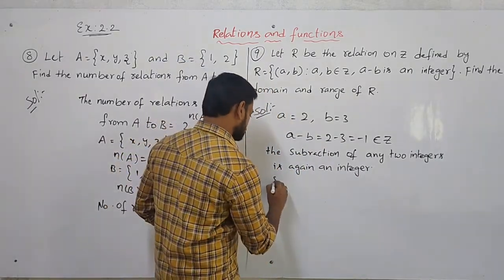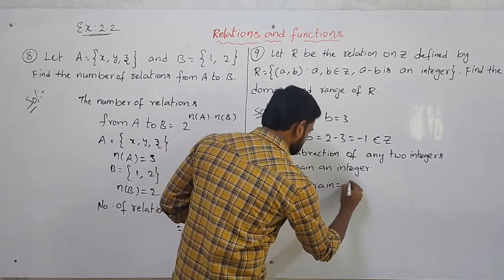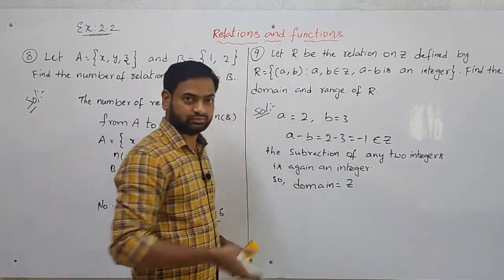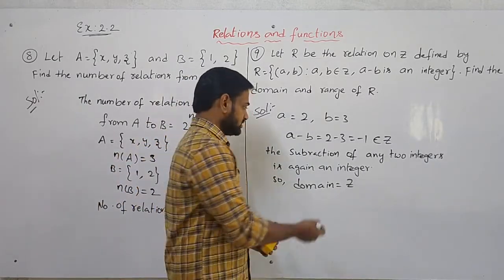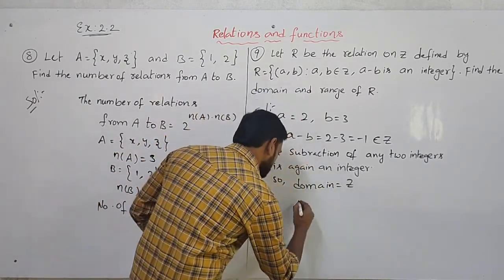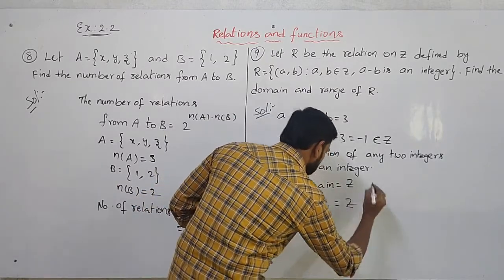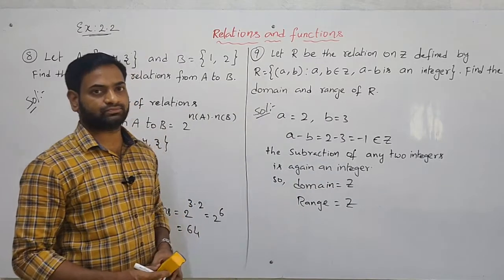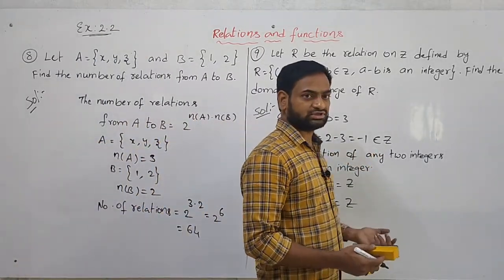So the domain is integers. That means you can take any value, there are no restrictions or conditions. So the domain is integers and the range is also integers, because the subtraction of any two integers is an integer.